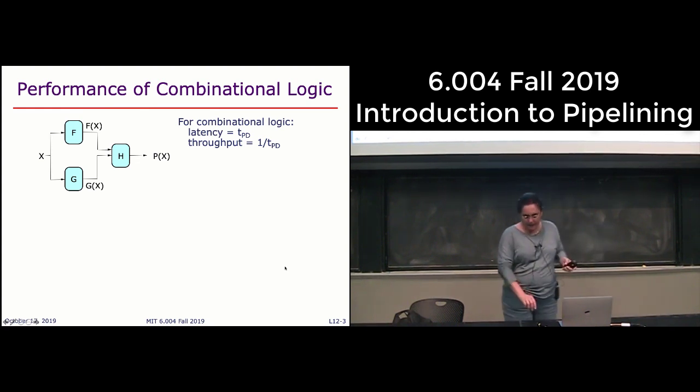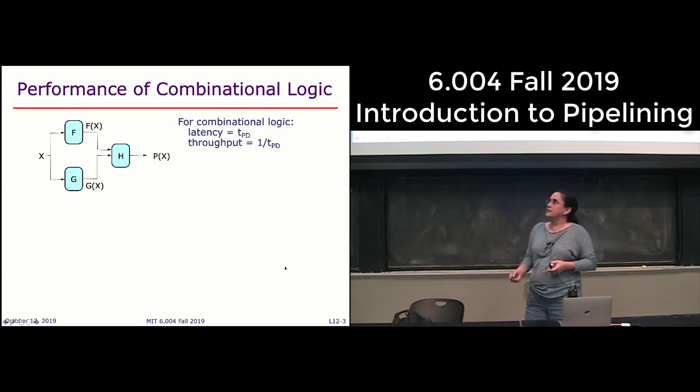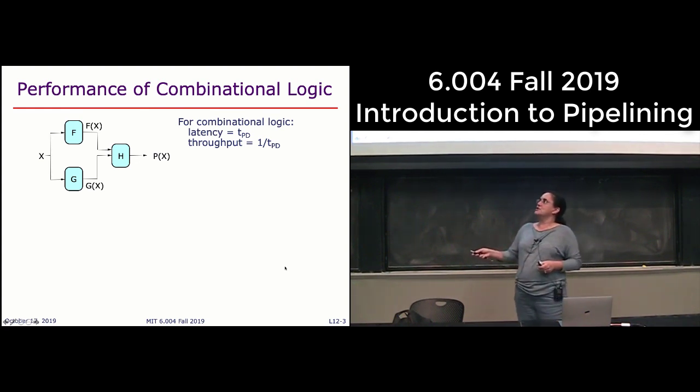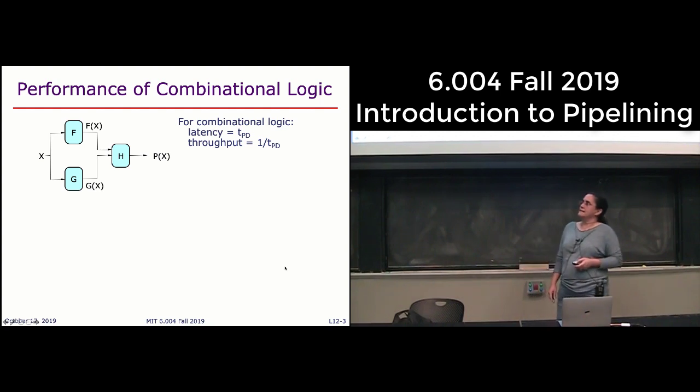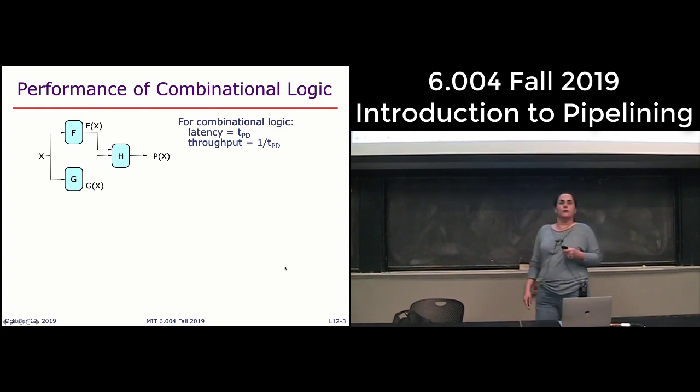Here we've got a combinational circuit with three modules in it, F, G, and H. The latency of any combinational circuit is always the propagation delay, which is the delay of the longest path of our combinational circuit. And throughput is defined as 1 over that propagation delay.